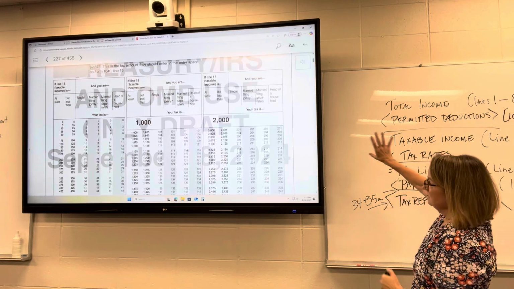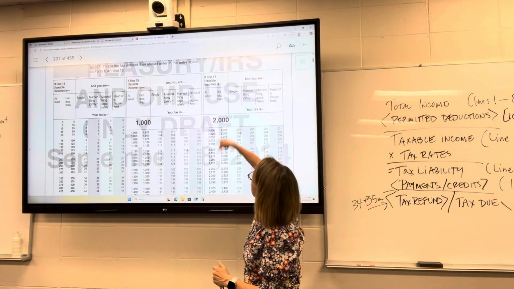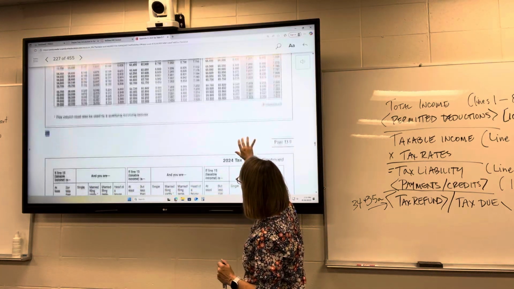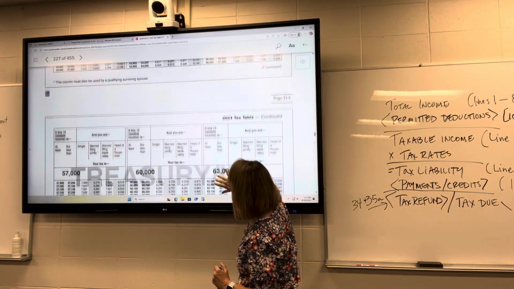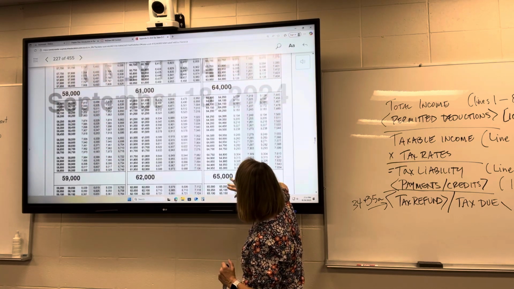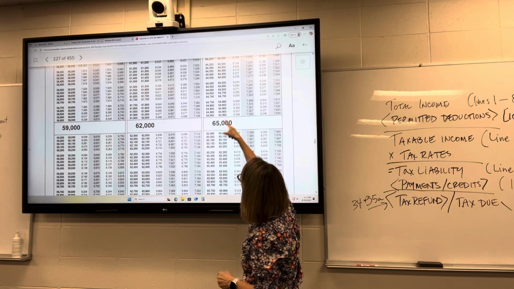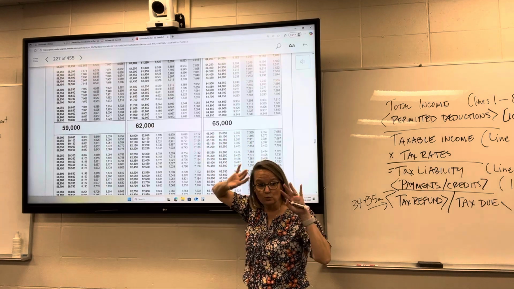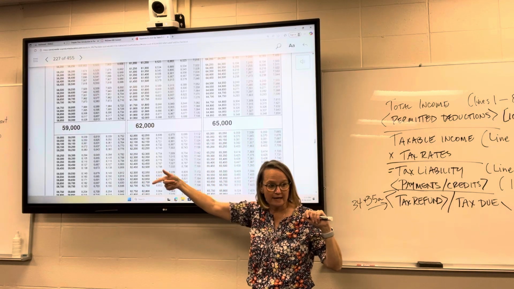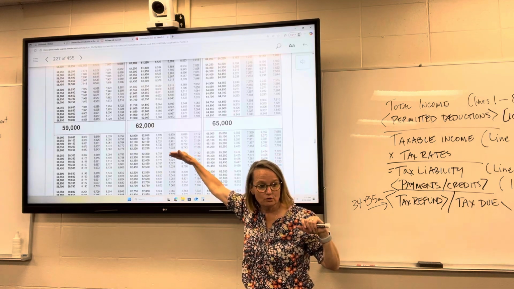Okay. So we find our taxable income. So let's say we've got, I don't know, $65,000 of taxable income and they're single. So remember in payroll accounting, I told you to go to the second line. If it's right on the line, go to the second line.